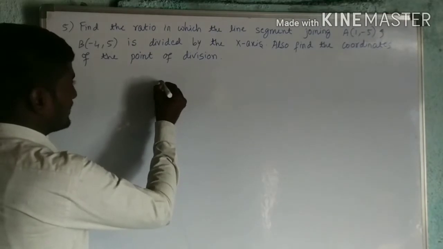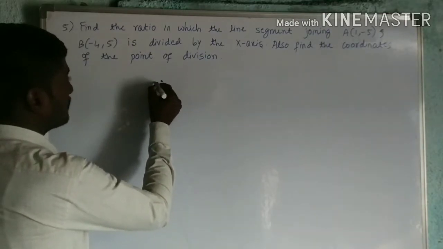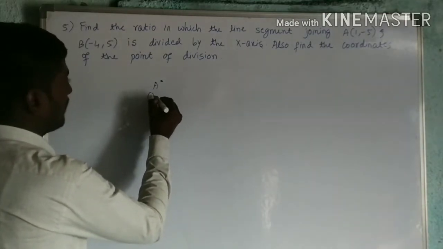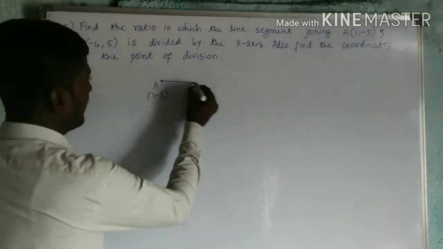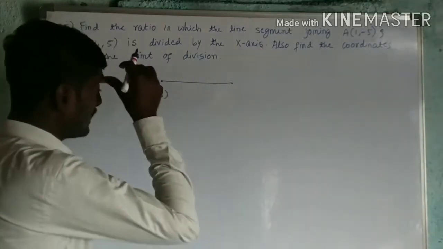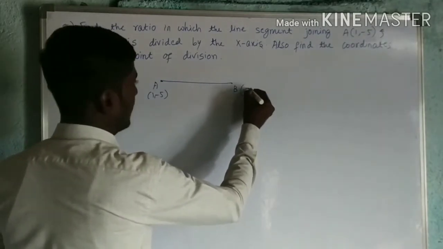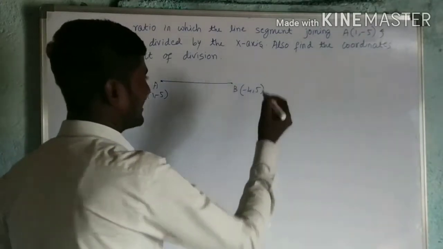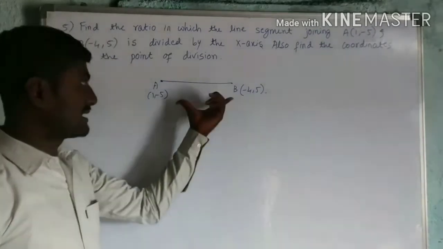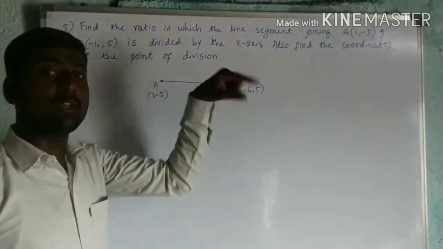I'll take this as point A, so this is point A (1, -5), and another point I'll take here as B, so this is point B (-4, 5). They said this line segment AB is divided by a point on the x-axis.